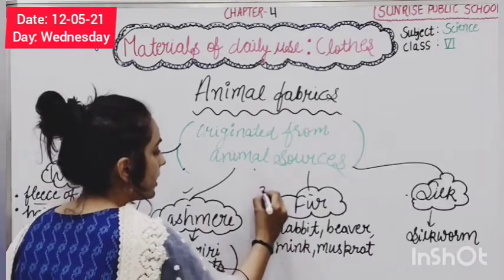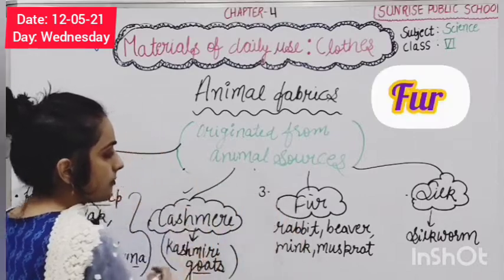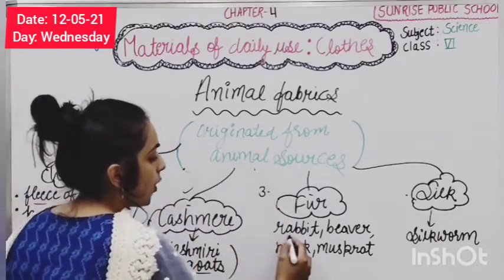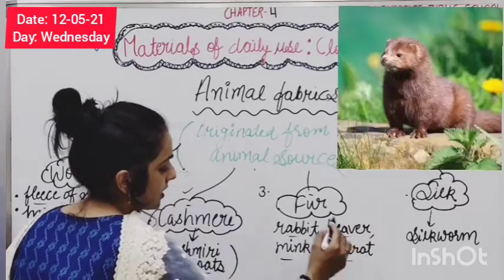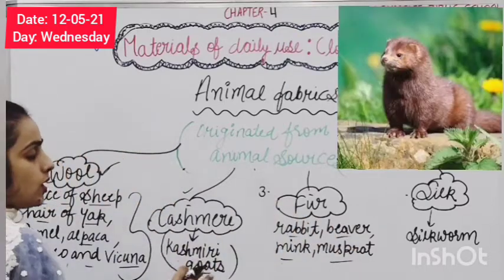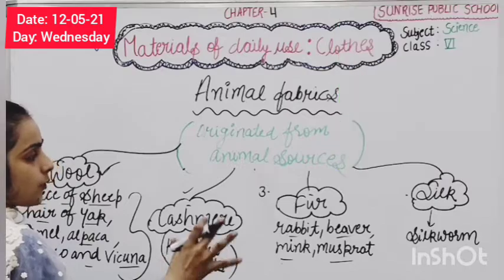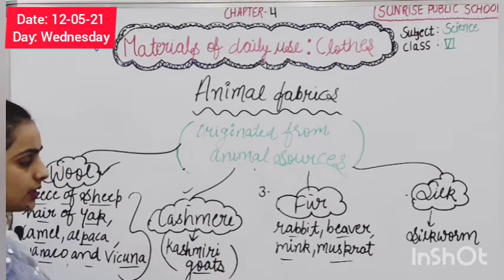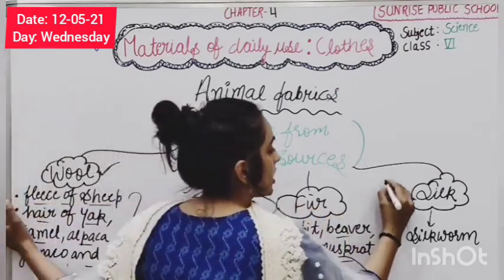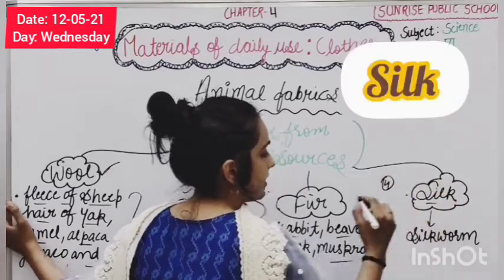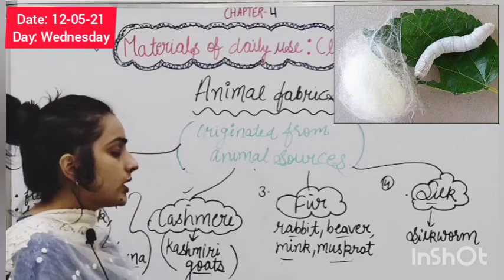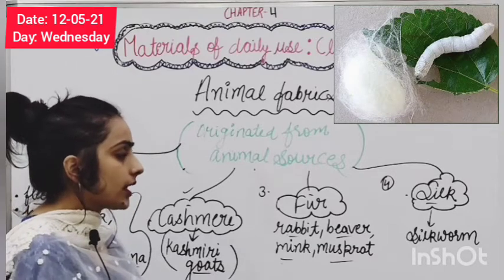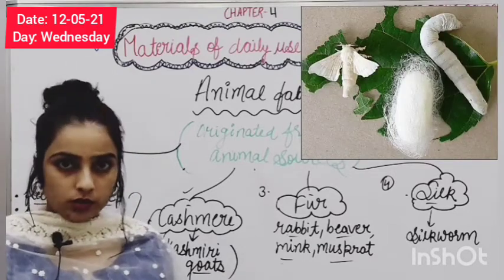And the third fabric is fur. Fur is obtained from rabbit, beaver, mink and muskrat. So these are the animals from which fur is obtained. And the fourth fabric is silk. Silk is obtained from the silkworm, which is a large caterpillar of the white moth.